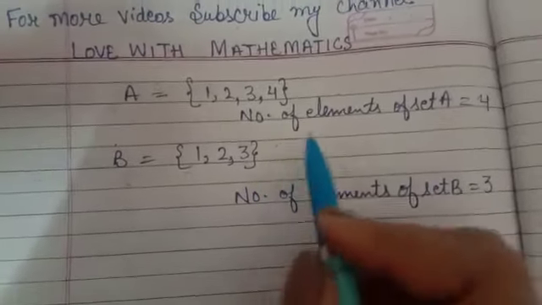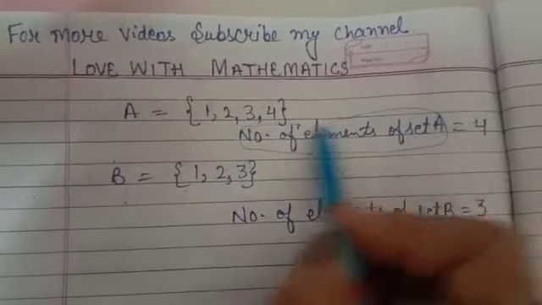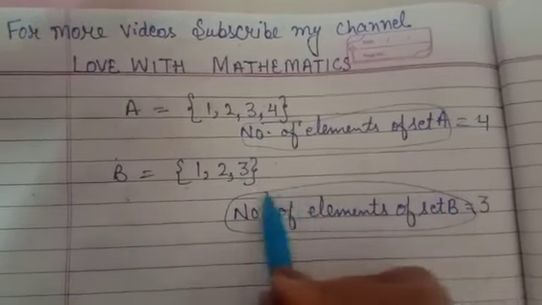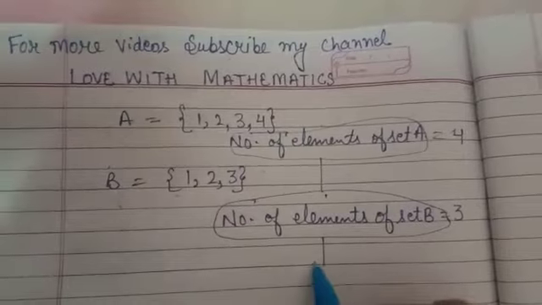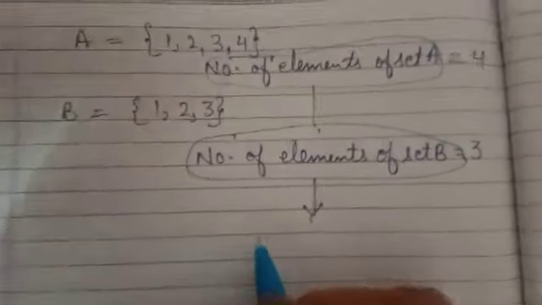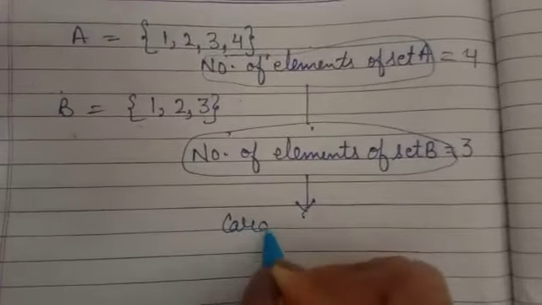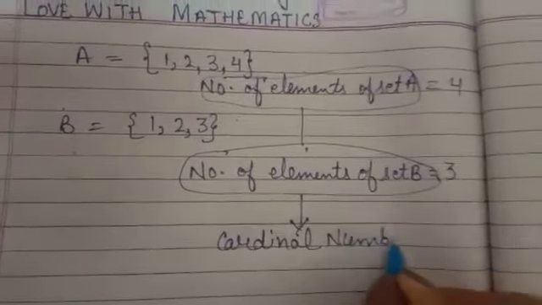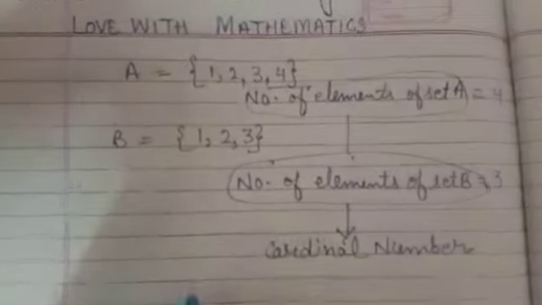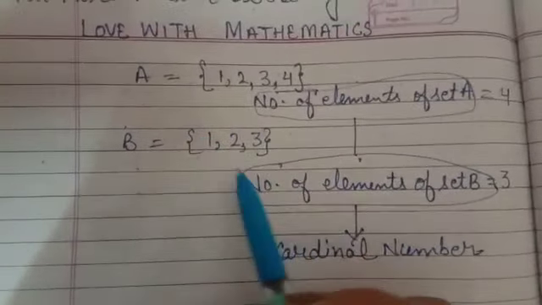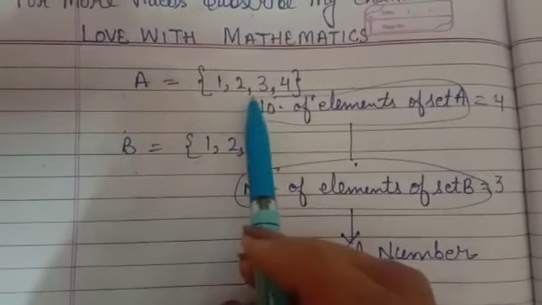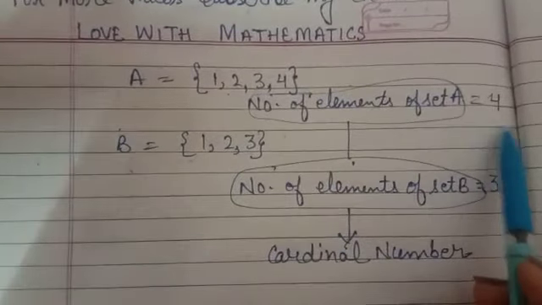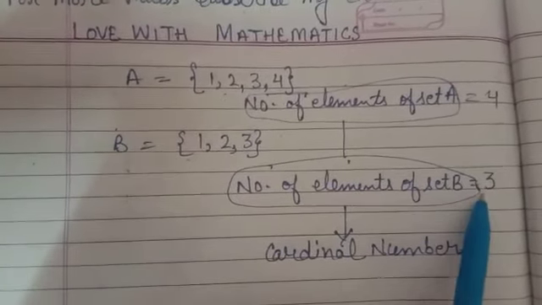These numbers of elements in set A and B are given a special name, called cardinal number. So how I will read it: cardinal number of set A is 4, cardinal number of set B is 3.